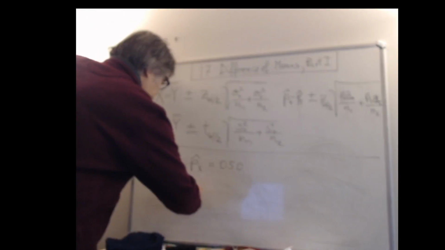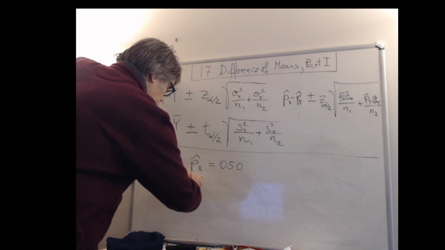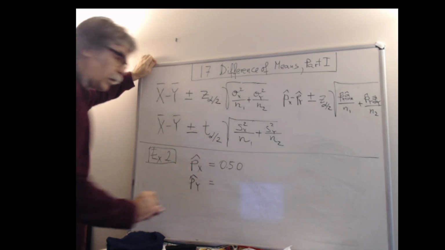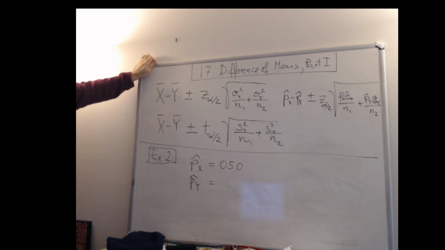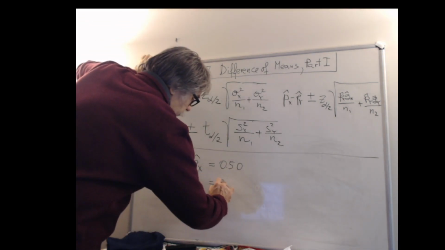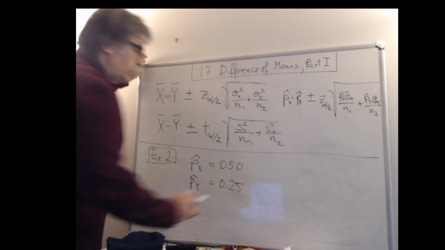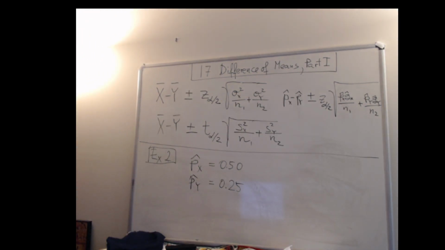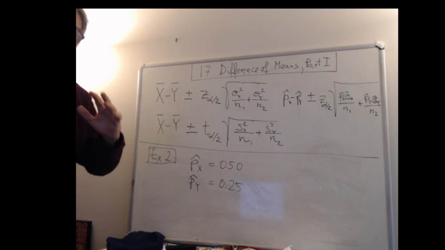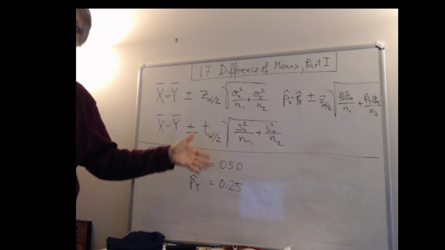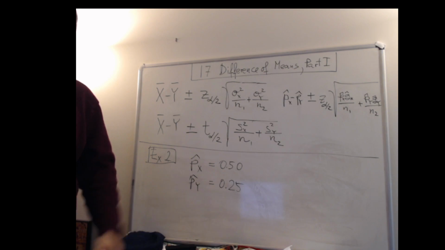Proportion of adults that liked that program was much smaller. So proportion of adults was 100 out of 400. So that's a quarter. So proportion of teenagers that like that program in my sample is 50%, 300 out of 600.